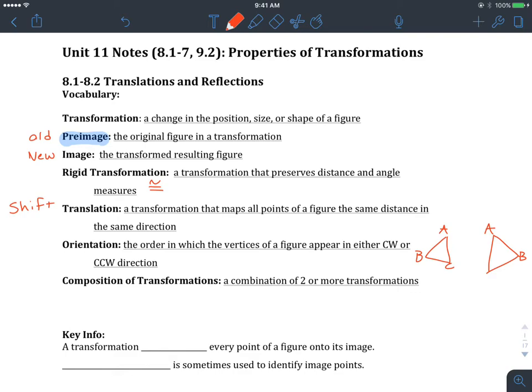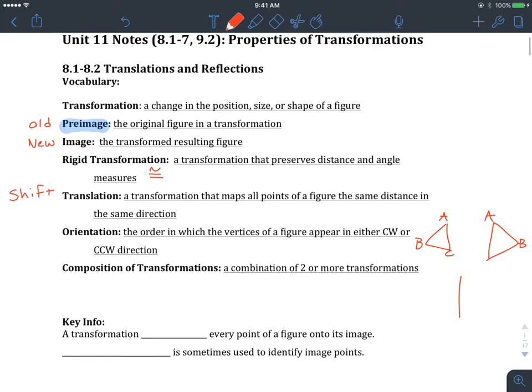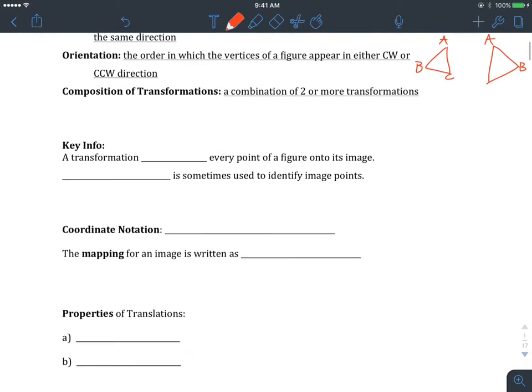So we'll talk about reverse orientation versus same orientation in just a moment. Or actually, that might even be tomorrow's lesson. Composition of transformations, that's a combination of two or more transformations. And I think that comes up a little bit later into the unit.